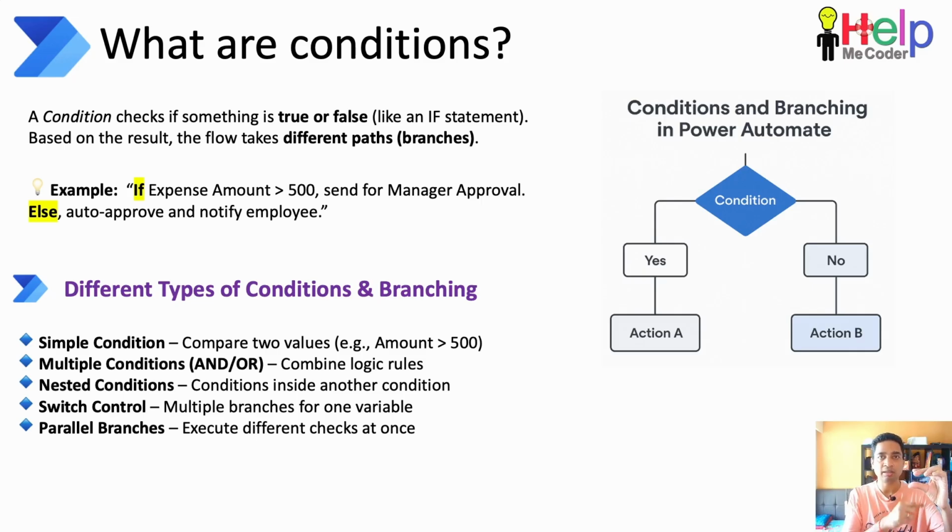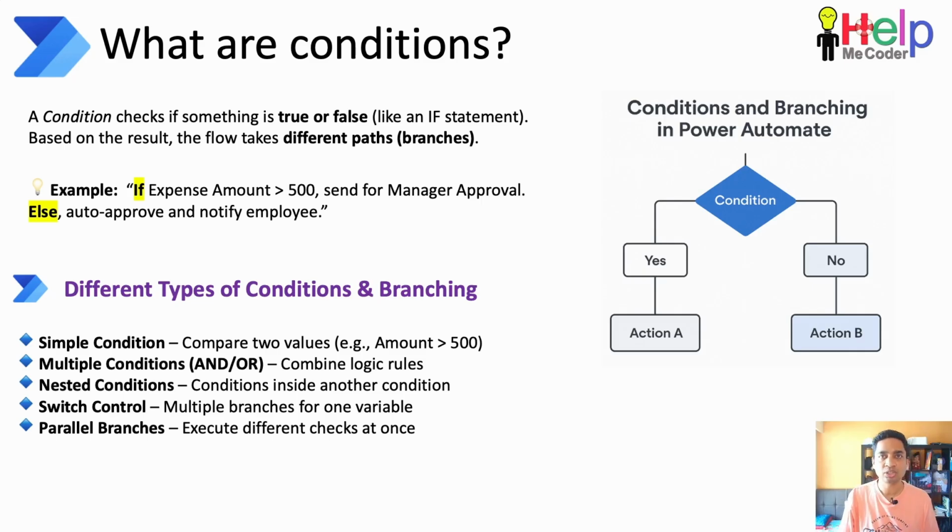One branch can be if it is overseas, another branch can be if it is food expense, another branch can be a travel expense or project expense. All these are different branches inside the switch that I have created, so that based on whatever value comes in that particular expense category, it takes that particular route out of all these switch cases. It's very self-explanatory. We will go and do a demo.